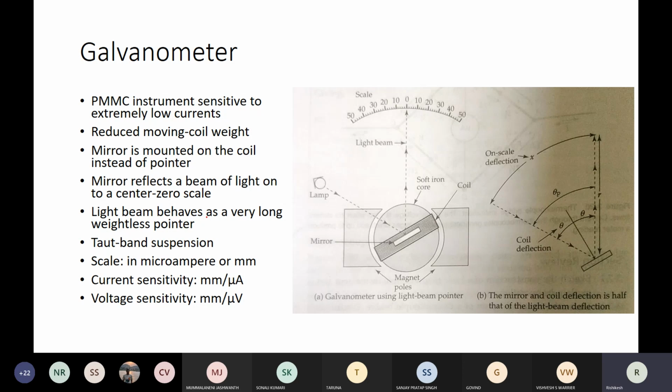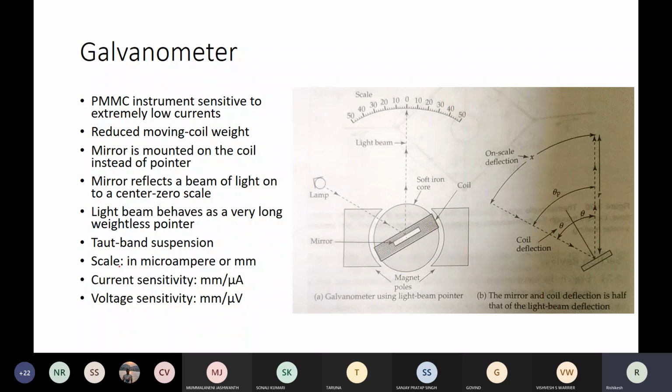So in this case, the light beam behaves as a very long weightless pointer. And instead of the spring which we used for bringing the coil back to the zero position, we use a taut band suspension.